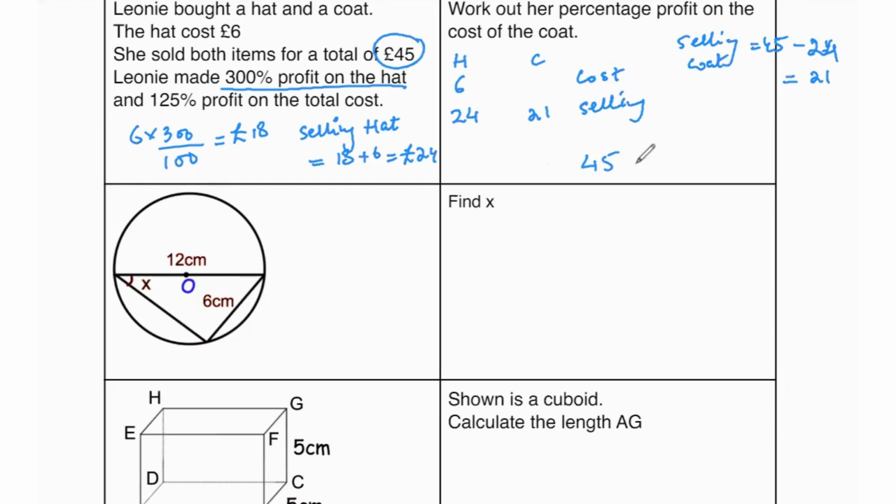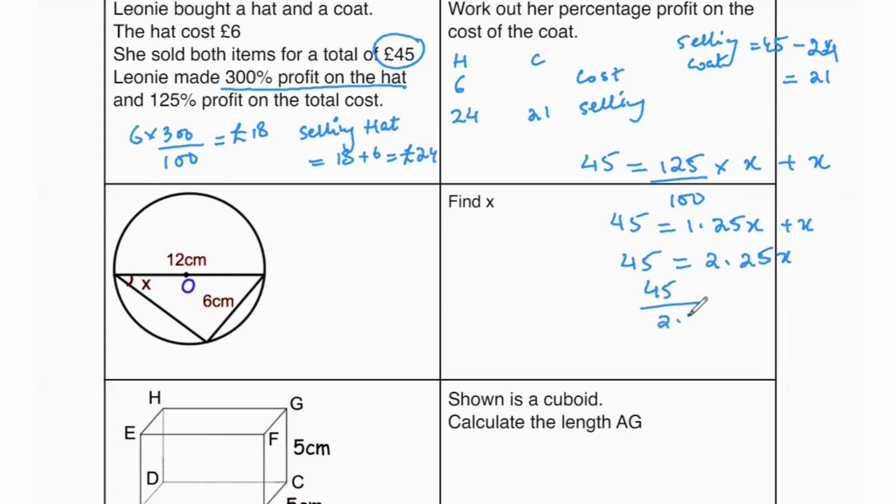So 45 basically equals 125% of the total cost. Let's call the total cost x. So 45 equals 1.25x plus x, which is 2.25x. So 45 divided by 2.25 will give us 20 pounds, which is the total cost of the hat and the coat.